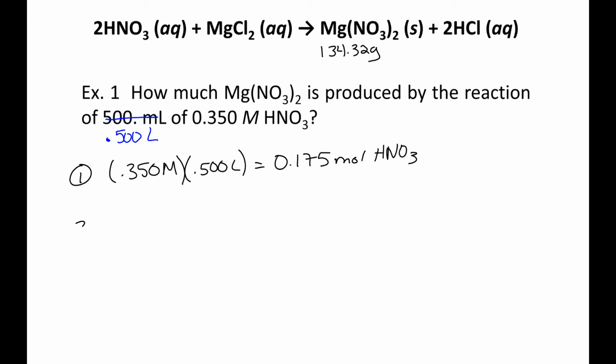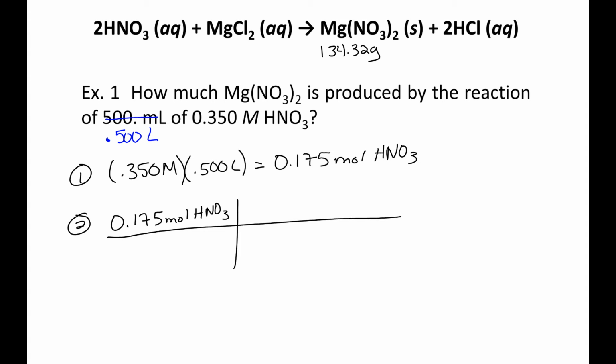Now the second step is where we take our moles, so 0.175 moles of HNO3, and we put it in our picket fence. The next step is moles of the unknown and moles of the given, so we're going to look at our equation. Moles of our given is the HNO3, and the moles of the unknown is, it says how much, so our unknown is the Mg(NO3)2.